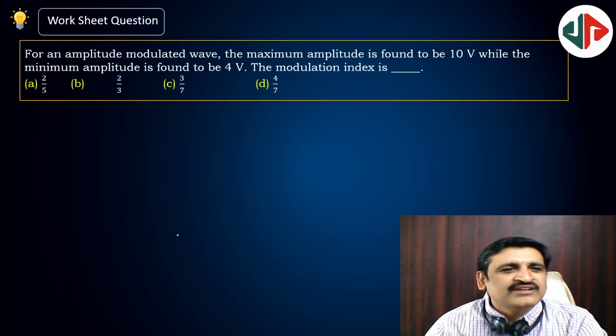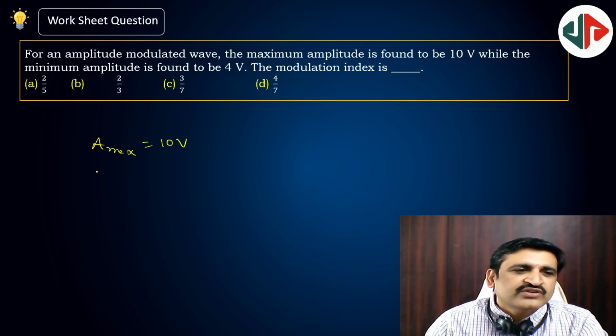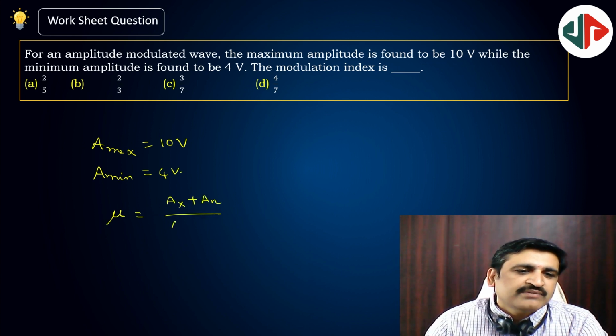Next, for an amplitude modulated wave, the maximum amplitude is found to be 10 volts, A max is equal to 10 volts, while the minimum amplitude is A min is equal to 4 volts. The modulation index is equal to A max minus A min by A max plus A min, isn't it?